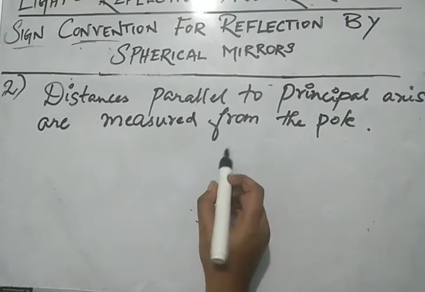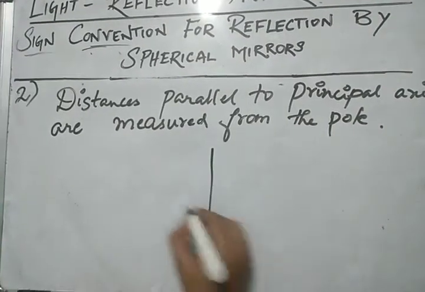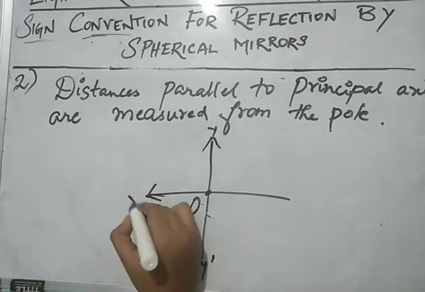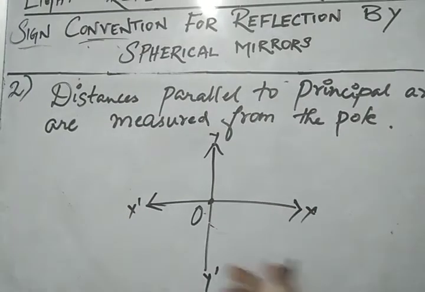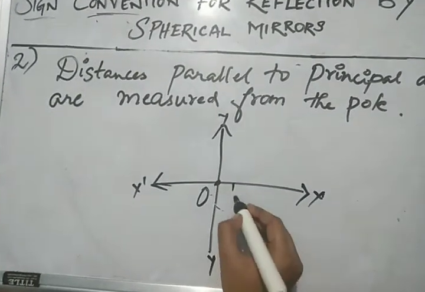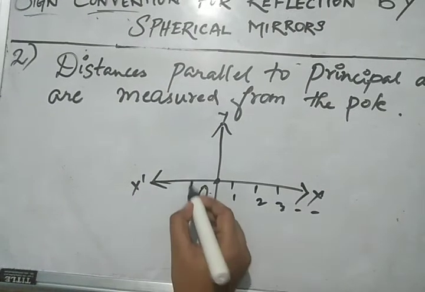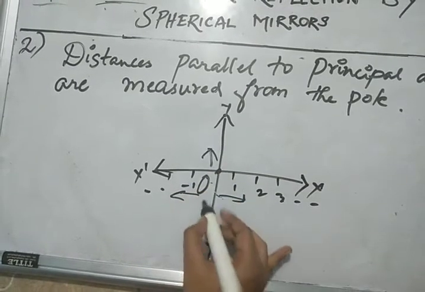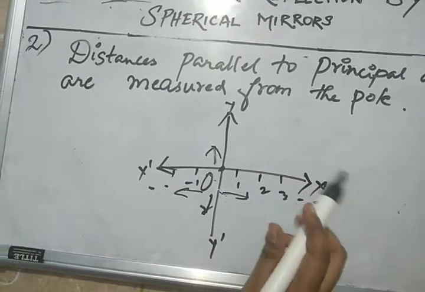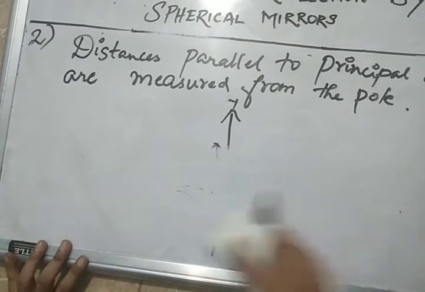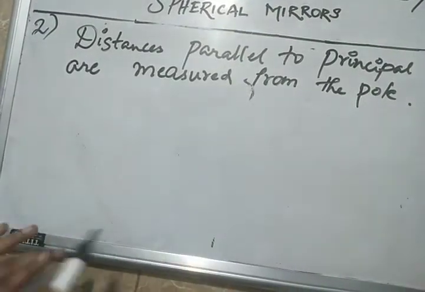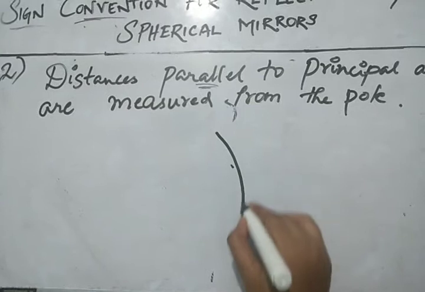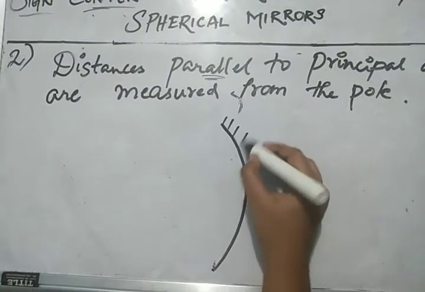Even in your graph system, what do you see? All the distances are measured from the origin. This is y', x', this is x. This is 1, 2, 3, etc., and here it's -1. It's measured from the origin. Now in our sign convention for spherical mirrors, which is the origin? Pole is the origin. So all the distances parallel to the principal axis are measured from the pole of the mirror.